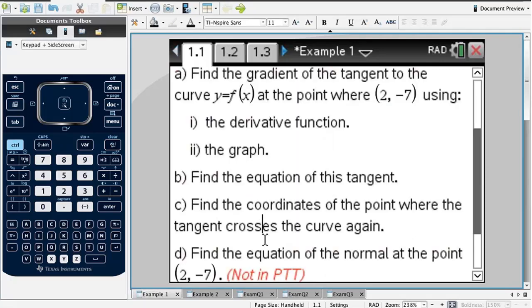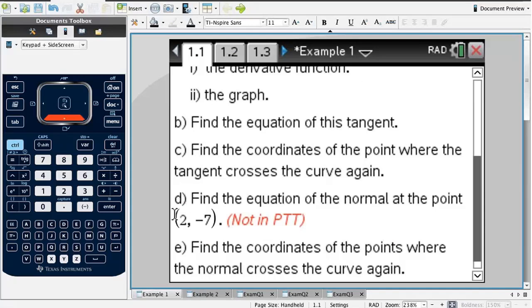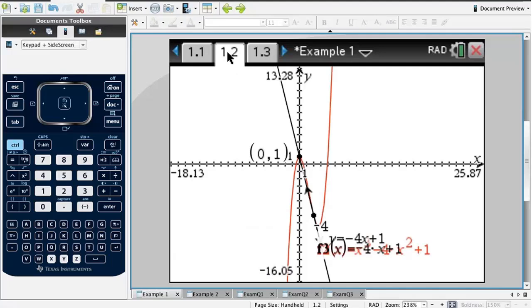Now the next question is find the equation of the normal at the point 2, -7. The method I'm going to use is unfortunately not available in press-to-test mode, but it might be good to show in the class so students can follow and check their answers. I'm just going to move this over so we can see things a bit clearer.